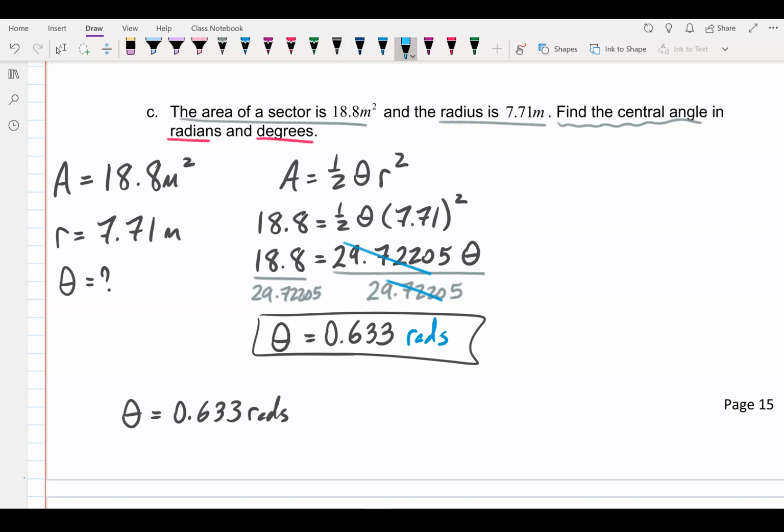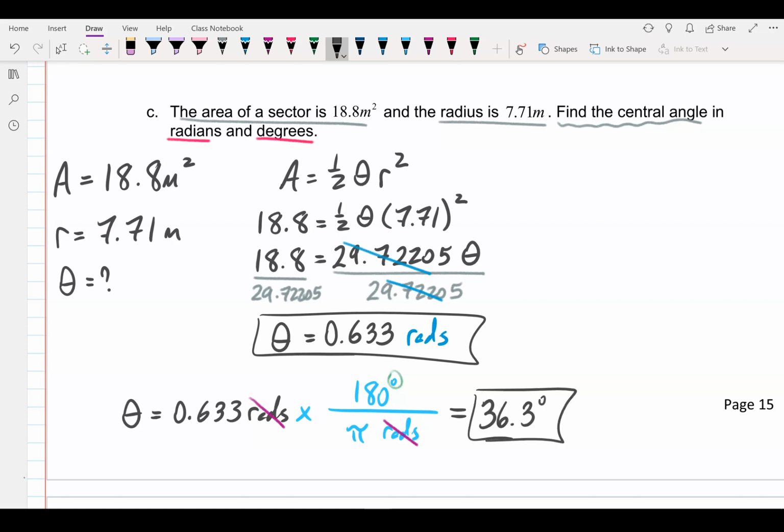So we just need to multiply by the conversion factor. We know that we can multiply by 180 degrees over pi radians. That will then cancel radians from top and bottom, and in the end we're going to be left with our degree answer. So that conversion works just the way that it did earlier. And if you work that out, you get 36.3.